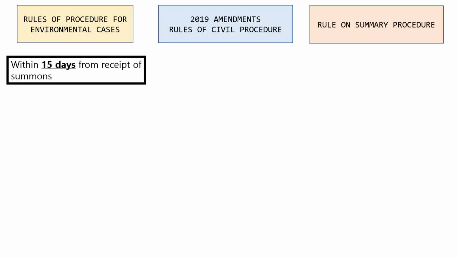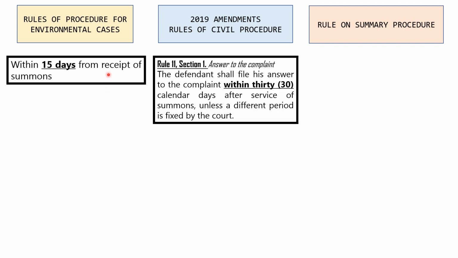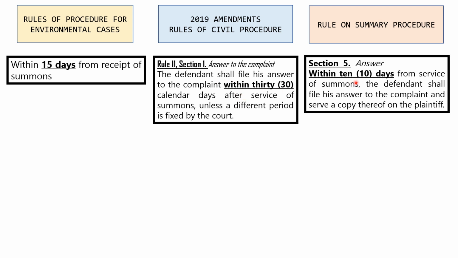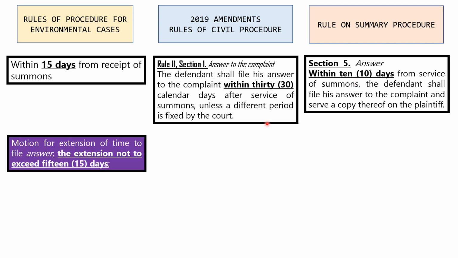So the period to file an answer in your environmental case is 15 days. In your ordinary civil case, general rule is 30 days. And in your summary procedure, that is 10 days. Take note that in your environmental case, you can file a motion for extension of time to file an answer as long as the period will not exceed 15 days.